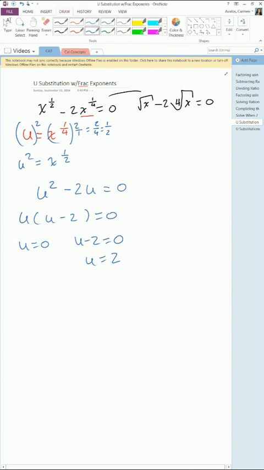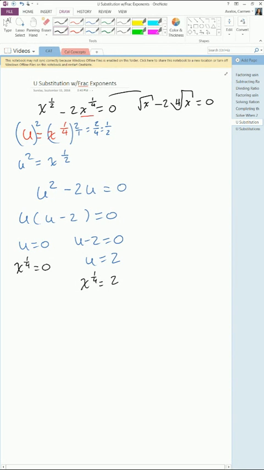But the question of the problem is not to solve for u, it was to solve for x. So we have to go back and replace. Replacing means that u, which was x to the 1/4, is equal to 0, and u, which was x to the 1/4, is equal to 2. We have not solved for x because the exponent is not 1, so we need to change the exponent.